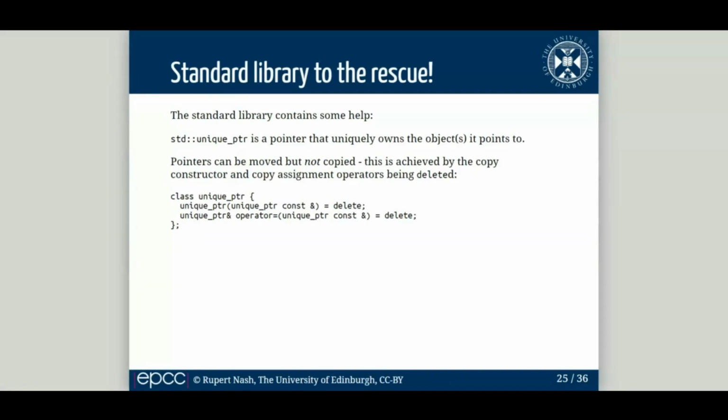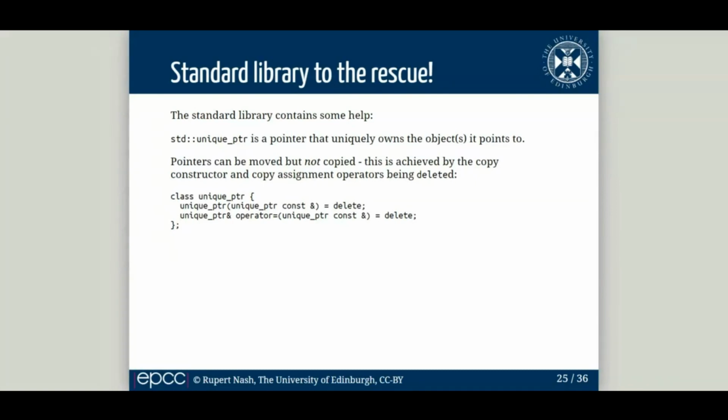One of them is the unique pointer. This is a pointer that uniquely owns the object it points to. You have an object, and this object is only referenced by one pointer.